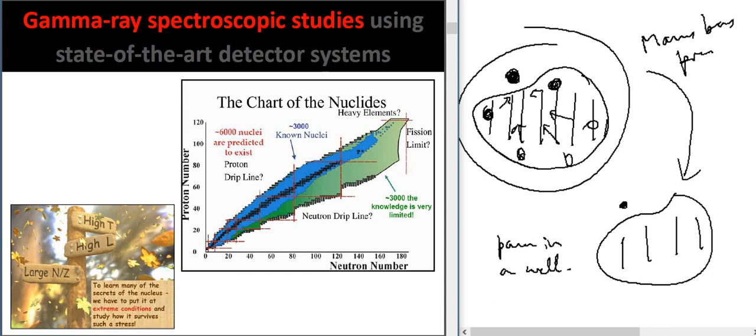That means nuclei become more and more short-lived, more and more radioactive. Okay, so as I was saying, only 3,000 nuclei are known roughly to date. And so there is so much scope for you newcomers to do experiments and theory and try to find the other half of the story, right?